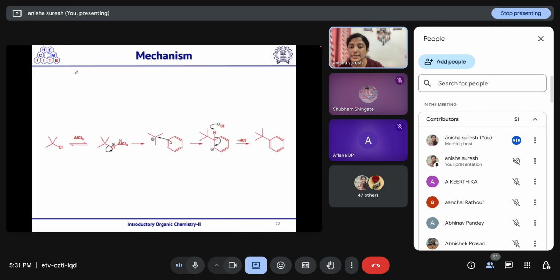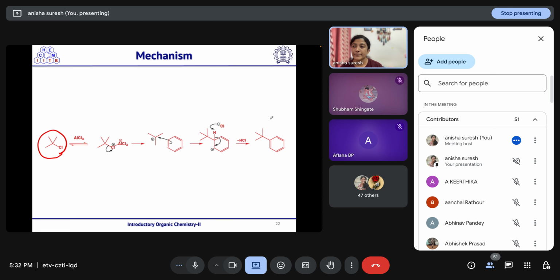So we can see the mechanism like this. This is the alkyl chloride in the presence of AlCl3. AlCl3 will coordinate with Cl, and then it will leave as AlCl4 minus. So it will lead to formation of a tertiary carbocation, which is a stable carbocation, and the benzene will go and attack on that tertiary carbocation, leading to formation of this intermediate, which is unstable. So the proton will be abstracted by Cl minus, and then it will result in the formation of the final product.